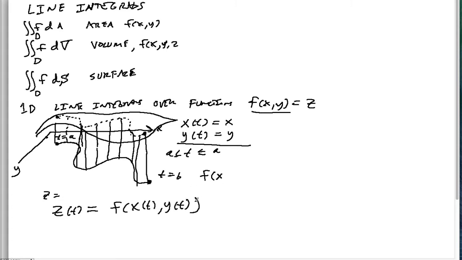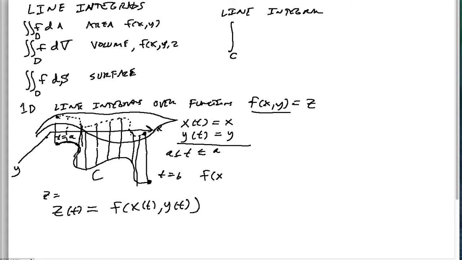Okay, so with this sort of situation, we want to be able to write down an integral of the form of a line integral, and we're going to call it the integral, a single integral symbol over C, and C of course is our line here.